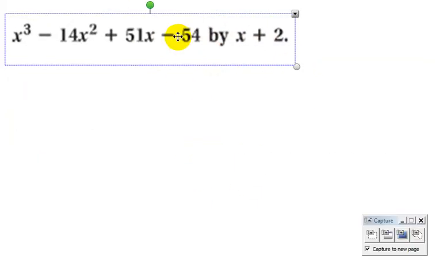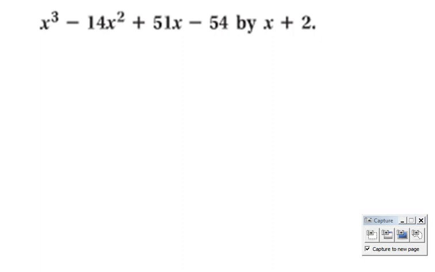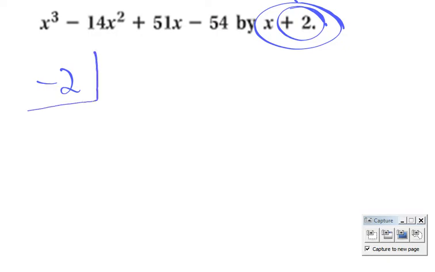Okay, here we go. So you look at what you're dividing by and look at that constant there, the plus 2. So flip the sign. So you're going to start with a negative 2. Right? That's your first step. Now draw this little symbol around it to show we're dividing. Okay? It's a different kind of division look, but it's all the same.